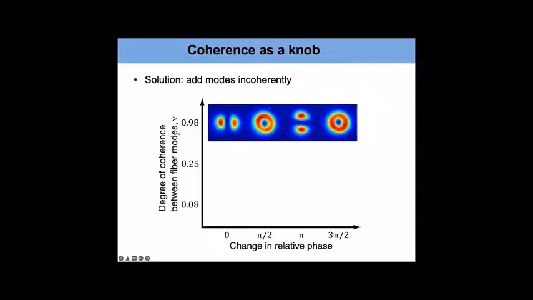So that's fine, you can do that in a fiber, but the problem is if you bend the fiber at all, you're going to change the phase between those two modes. So then it becomes kind of pointless if you're trying to use it for head attached microscopy. So how could we solve that problem?